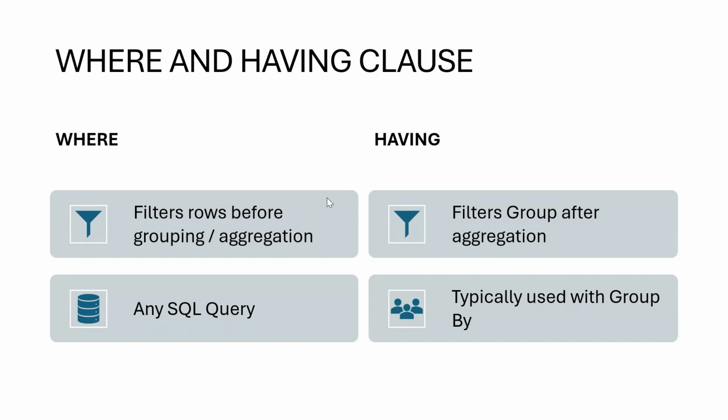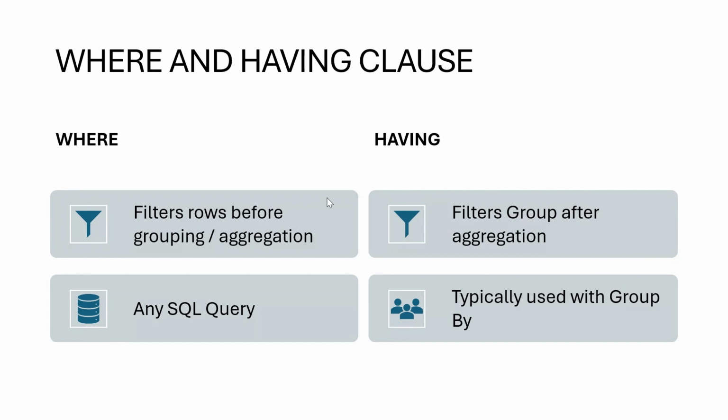Basically, the WHERE clause is used with individual rows or individual data, and the HAVING clause we use with aggregate or grouped data. So in the WHERE clause, we are not using any aggregate function. We have already discussed aggregate functions like sum, count, average, max, minimum in detail.